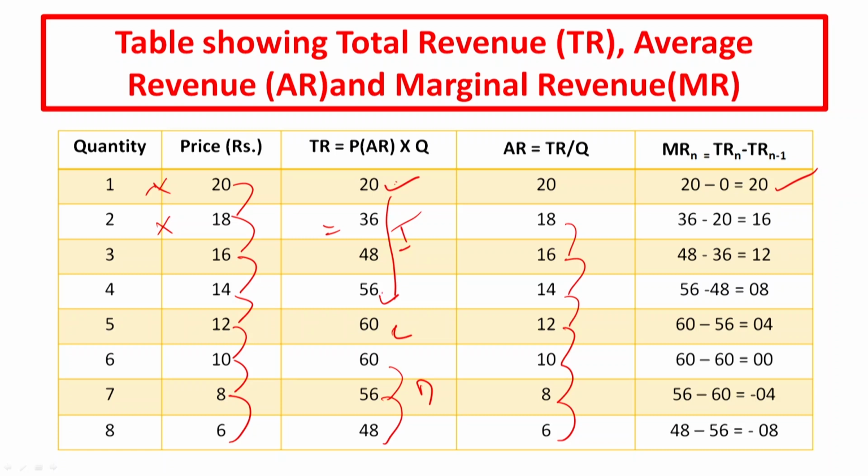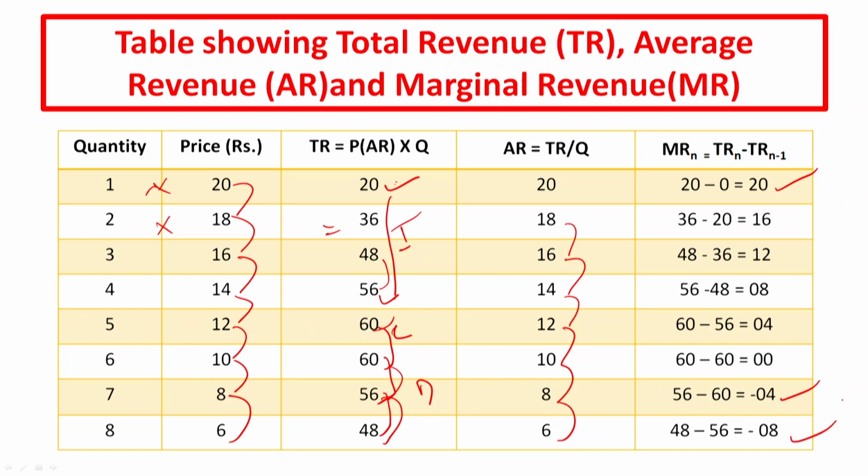Next is 56 minus 48, which gives 8. 60 minus 56 gives 4. 60 minus 60 gives 0. And then 56 minus 60 gives minus 4, and 48 minus 56 again gives minus 8.